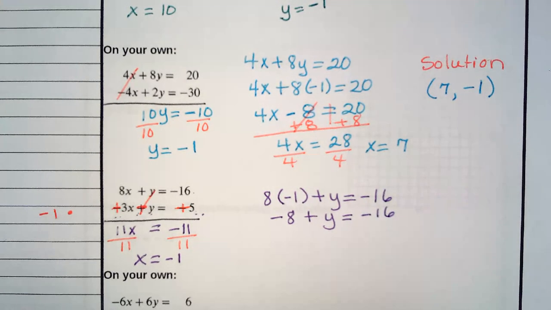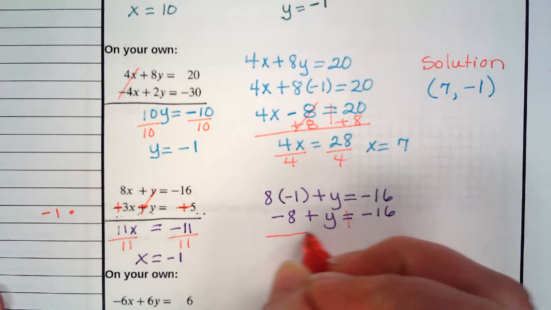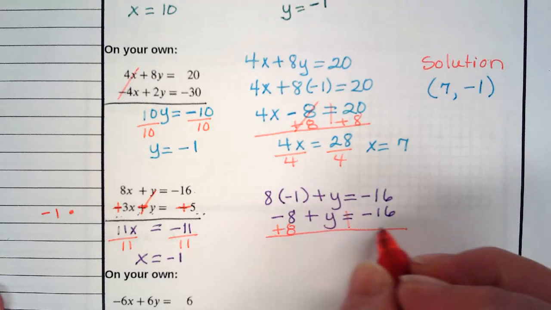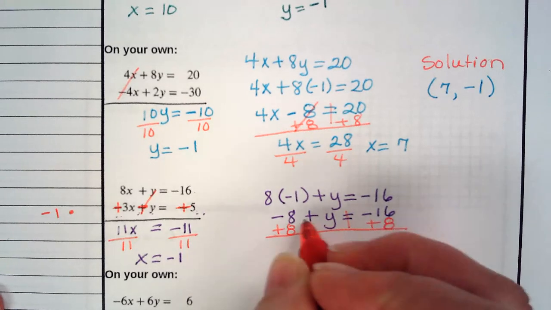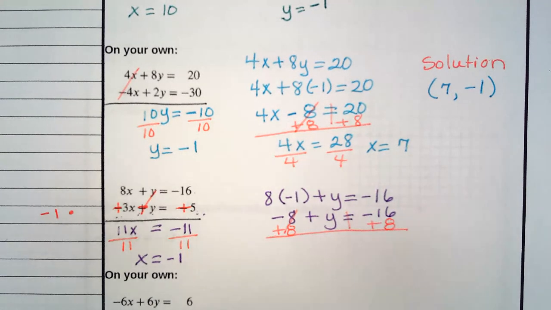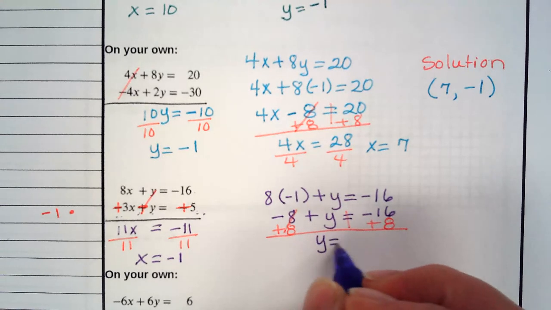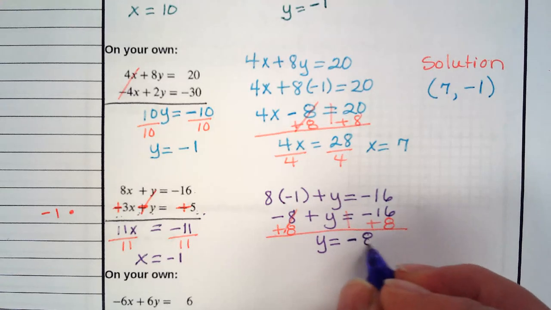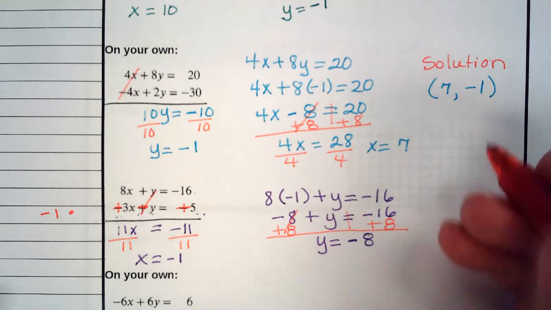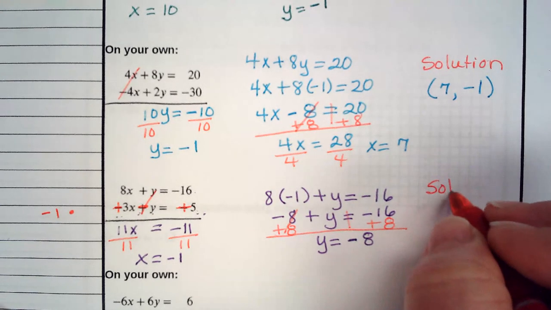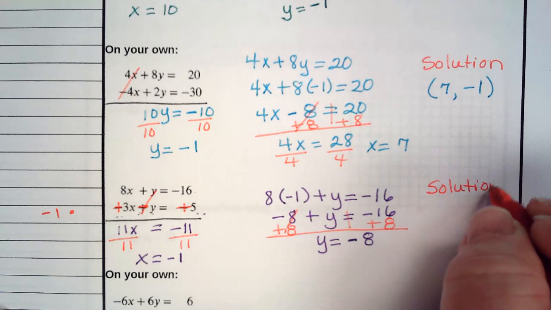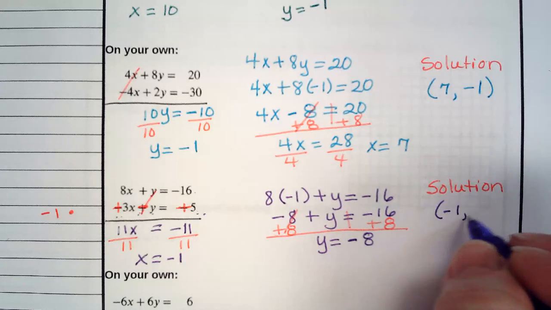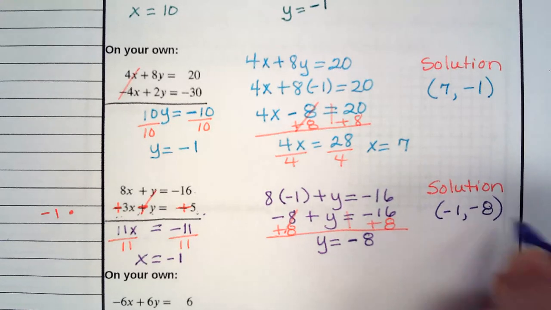Solve. Add 8 to both sides. Y is equal to negative 16 plus 8 is negative 8. So my solution is the point negative 1, negative 8.